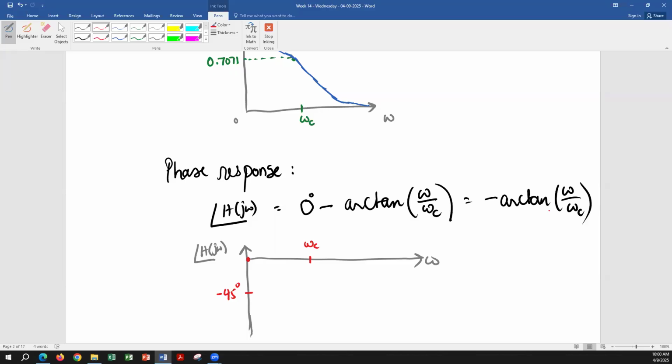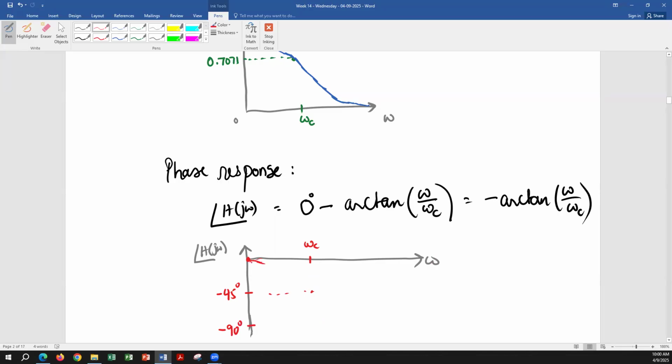You cannot do 1 over 0, but as you go close to 90 degrees, sine is increasing and cosine is decreasing, so tangent is blowing up. So it is going to hit negative 90 when omega becomes very large.